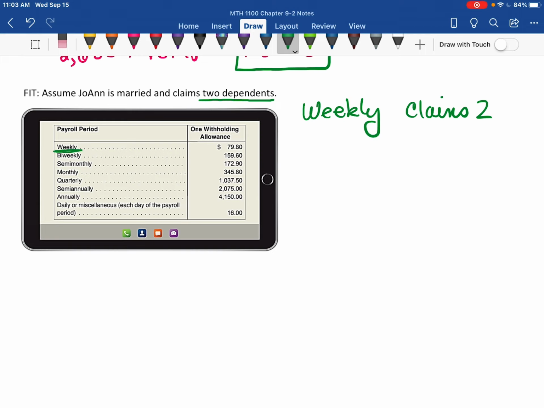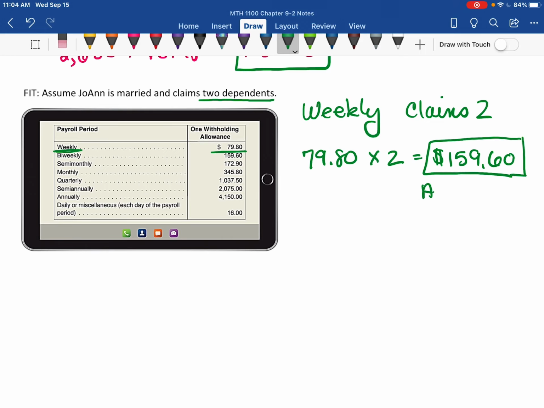Since she's getting paid weekly, I'm going to come across and see that one allowance is $79.80. So if she claims 2, I need to take $79.80 and multiply by 2. That's going to give me $159.60. So this is her allowance.